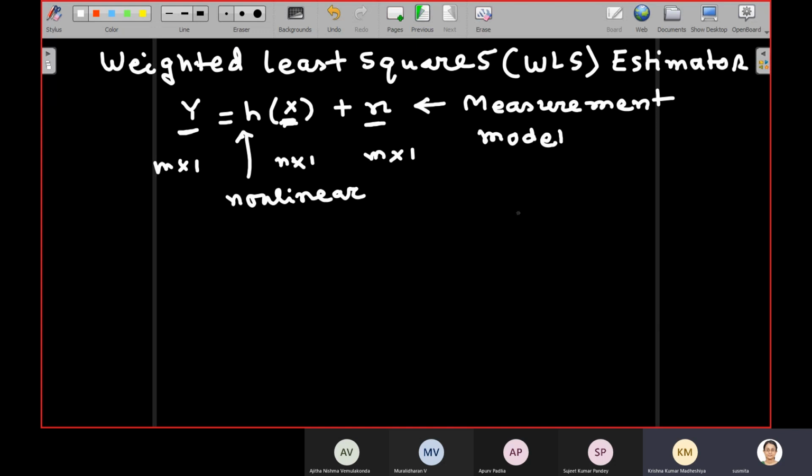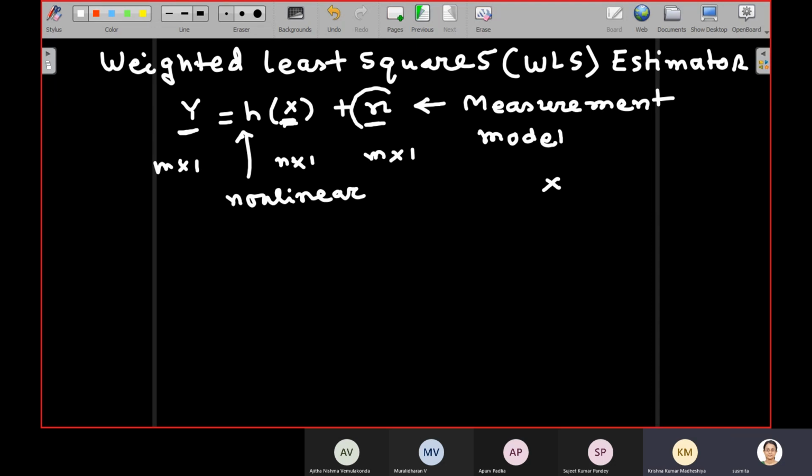Now we cannot find an estimate using the nonlinear function. We need to linearize the nonlinear function. For that we require some guess. So let's say we have some guess of x. x is unknown, y is measured, and n is the noise, the measurement error that gets added while making measurements.